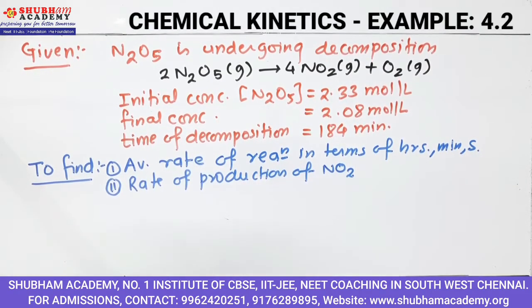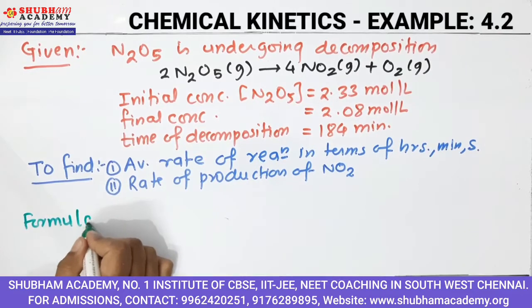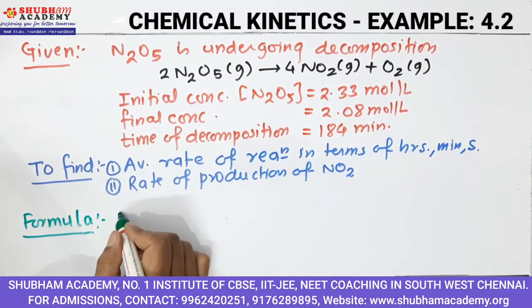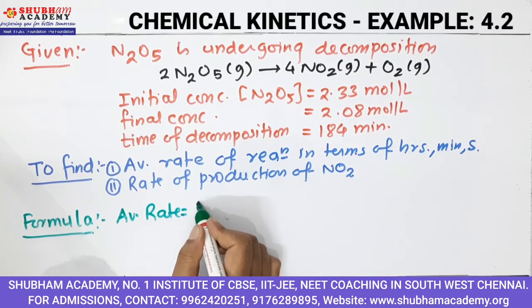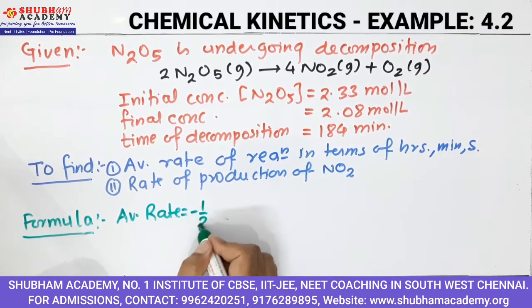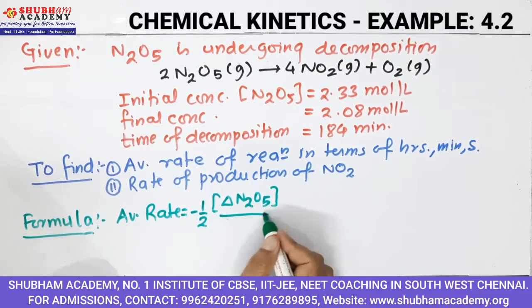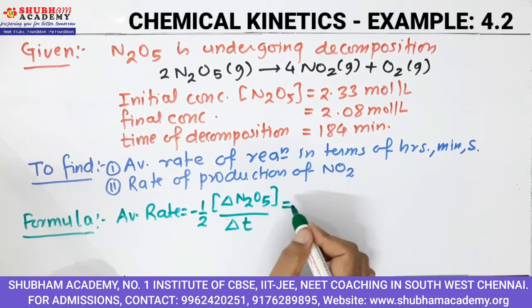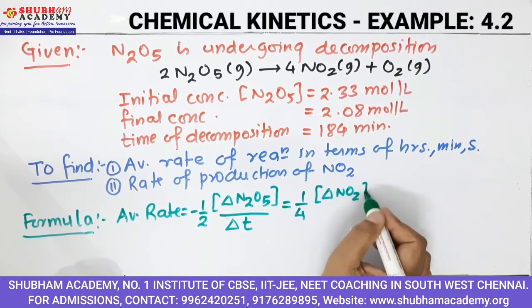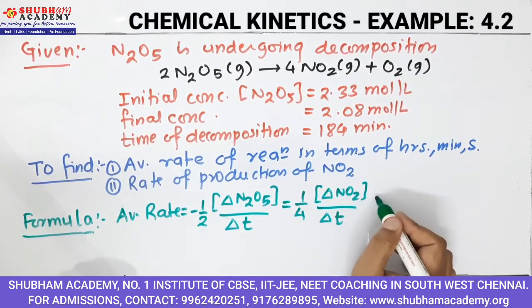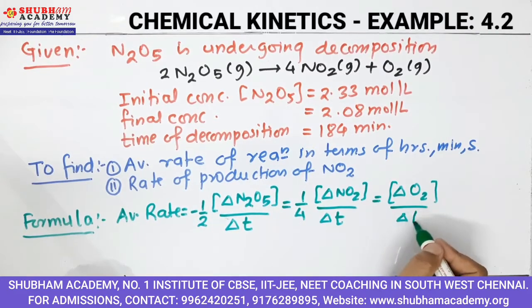Okay, now what formula you are going to use? So formula is average rate is equal to minus 1 by 2 change in concentration of N2O5 divided by time taken for change is equal to 1 by 4 change in concentration of NO2 divided by time taken for change is equal to del O2 by del T, right?